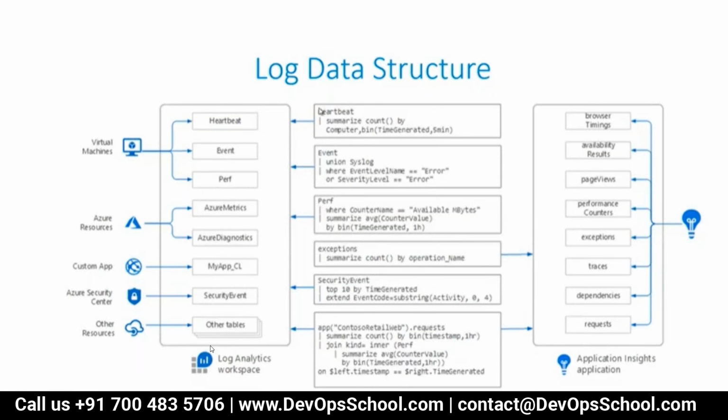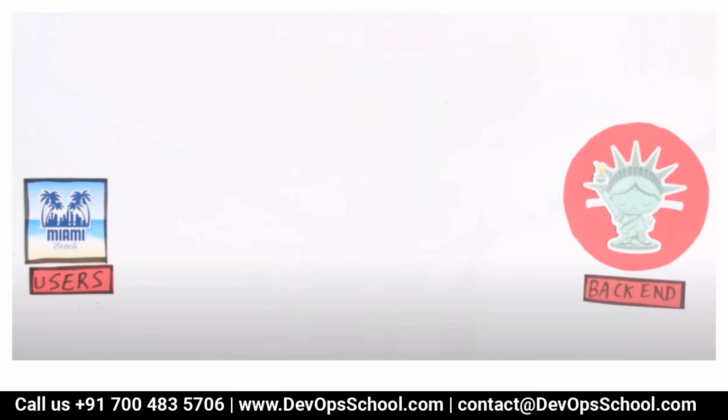All those different resources have different kinds of logs, and based on those logs, you will do the analysis overall. So overall, this is what a monitoring solution is in general.